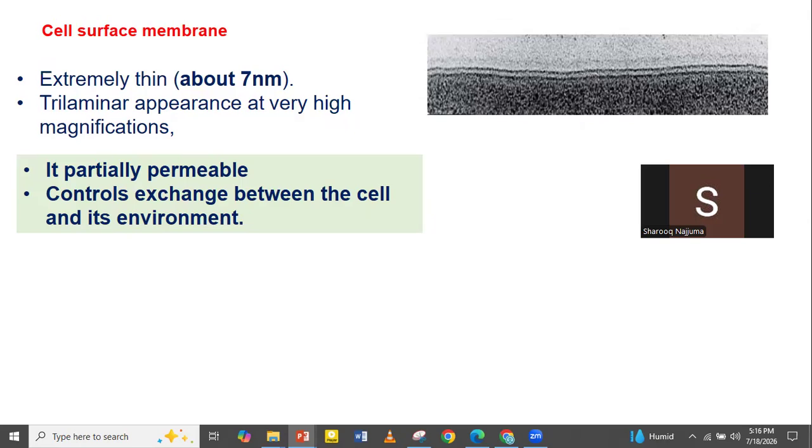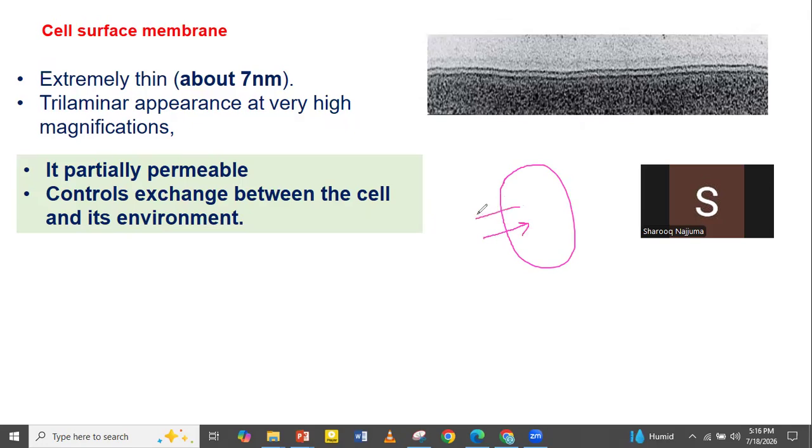The cell surface membrane is also partially permeable. Partially permeable simply means that it allows some materials to pass through and enter into a cell, and it prevents other materials from passing or moving out of a cell. If this is our cell, materials to move in have to pass through the cell surface membrane.